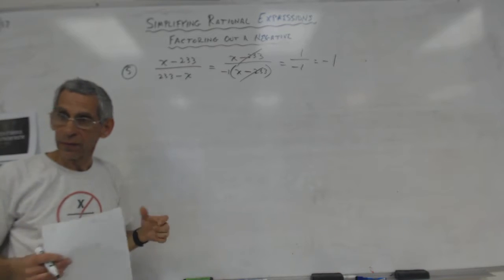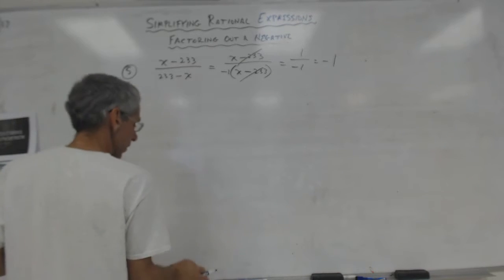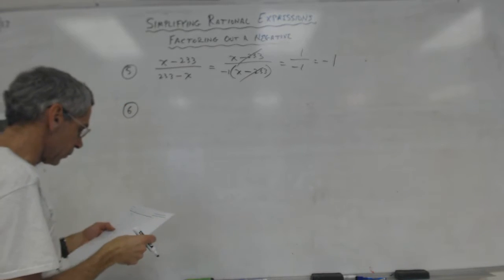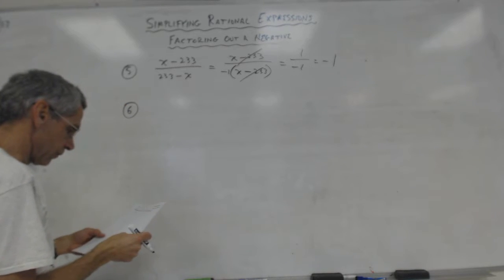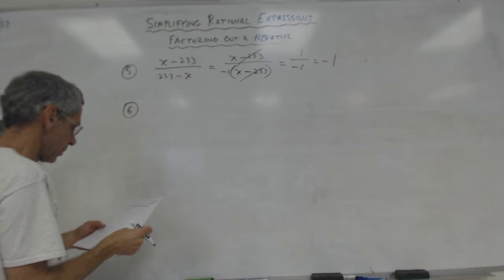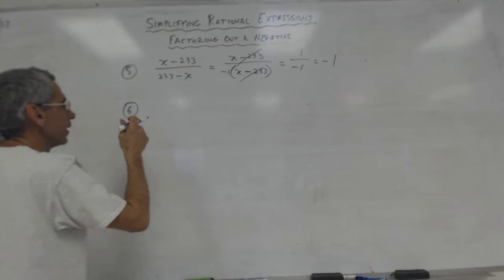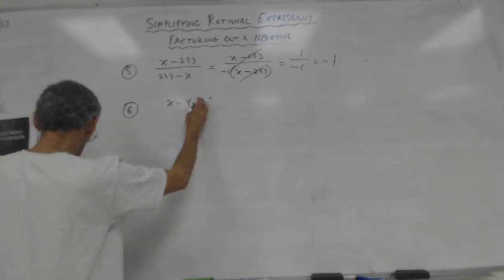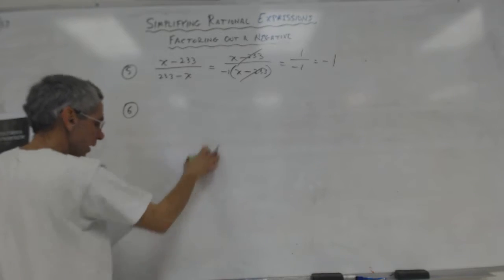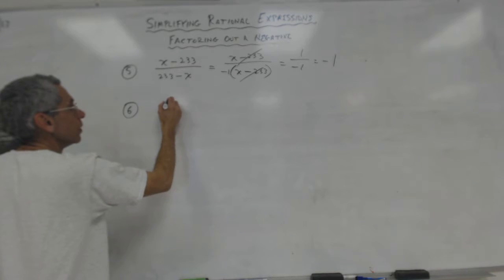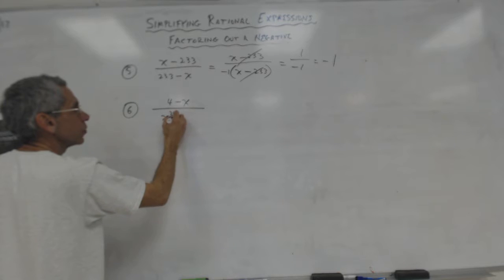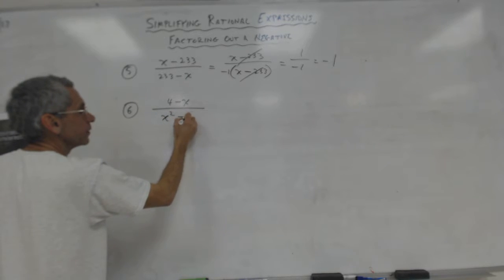Does that make sense? Okay, so now let's make it slightly harder. Let's say I give you 4 minus x over x squared minus 16.